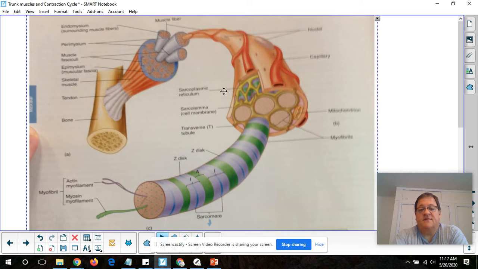You can see the blood vessel. You can see the sarcolemma, the cell membrane around the myofibril. And you can see on this zoom in right here, we have a myosin filament, we have an actin filament, and we have the individual sarcomere pieces.